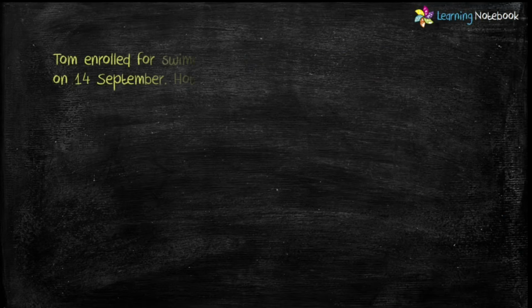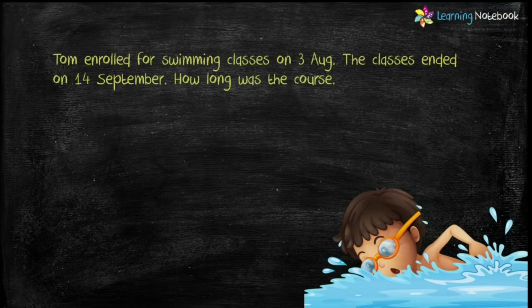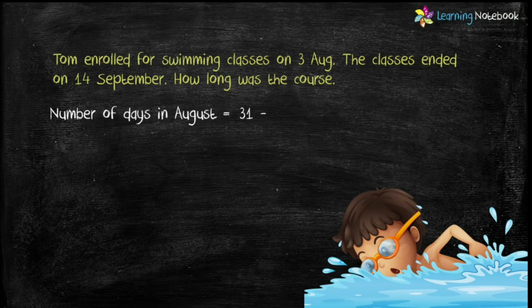Let's do one more question. Tom enrolled for swimming classes on 3rd August. The classes ended on 14th September. How long was the course? Students, first let's calculate number of days in August. We know the month of August has 31 days and we are given swimming classes started from 3 August.